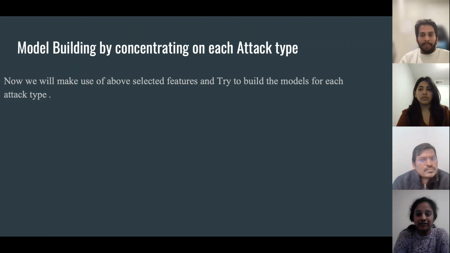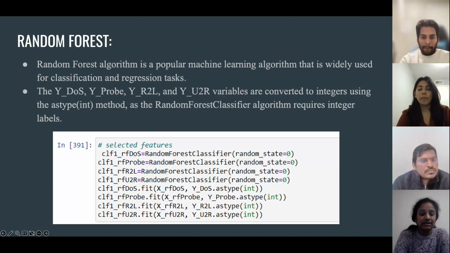Now we'll make use of the above selected features and try to build the models for each attack type. Pushpita and I did model building using three models: random forest, naive Bayes, and nearest neighbor. The first model is a random forest model. Random forest is a popular machine learning algorithm widely used for classification and regression tasks.